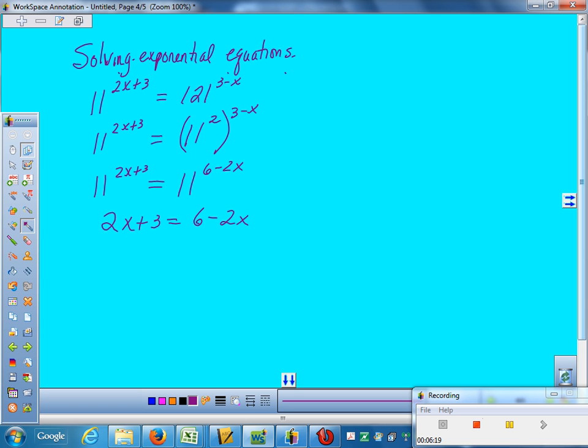And you can do normal solve for x. So yeah, add 2x over would be 4x, subtract 3, we'd get 3, and x would equal, and that's all you have to do. The key thing, the trick is getting them changed into the same base. And it's going to make you use your rules of exponents that we just studied.